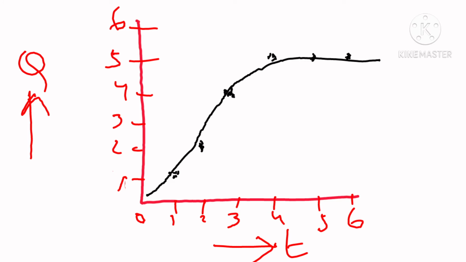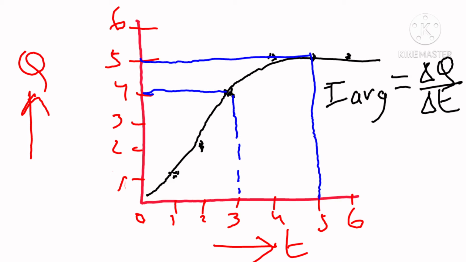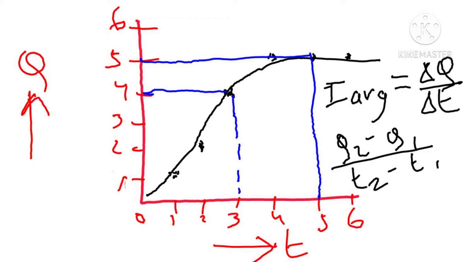Now if I ask what is the average value of current flowing between t equal to 3 to t equal to 5, the answer will be I average equal to delta q by delta t. Delta q means q2 minus q1 and delta t means t2 minus t1.